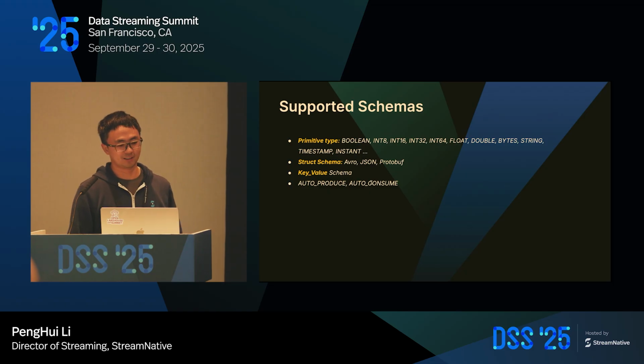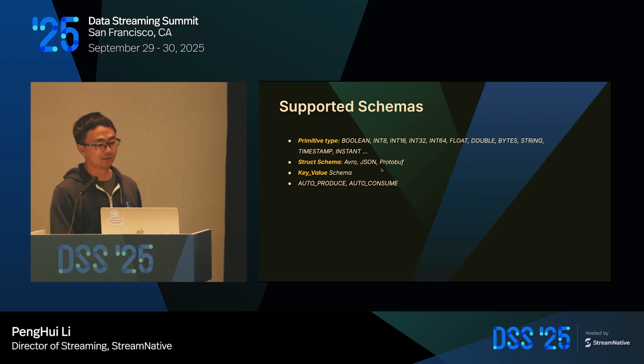But in this case, you need to provide the correct schema. Otherwise, Pulsar will not deserialize your data on the server side, so it cannot know if the schema is the right schema for your record.